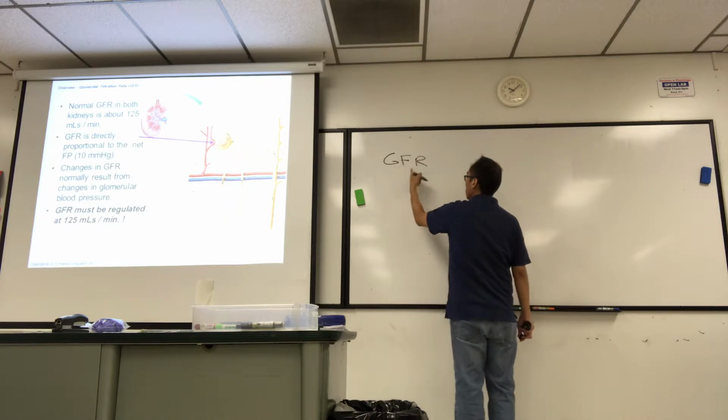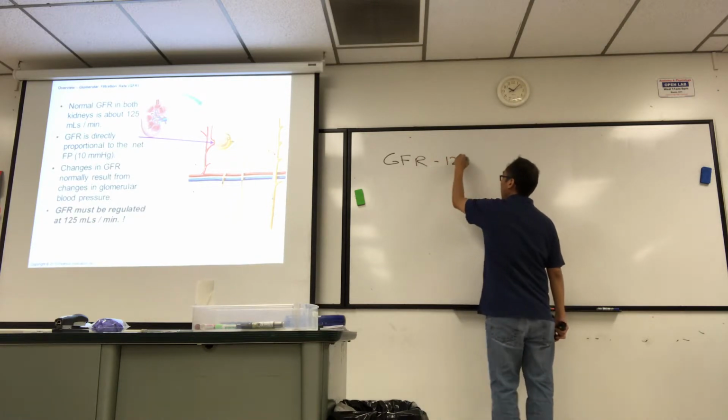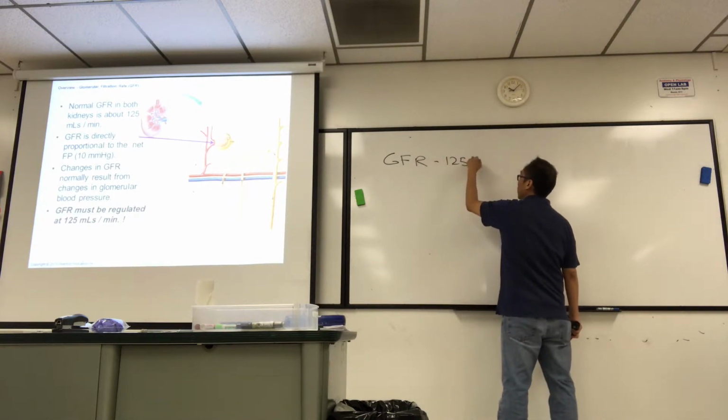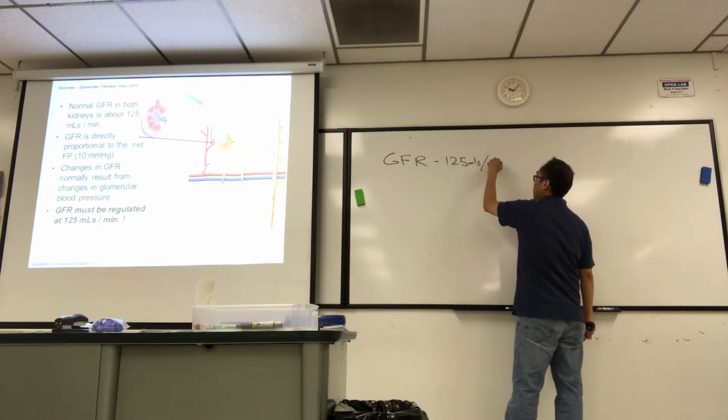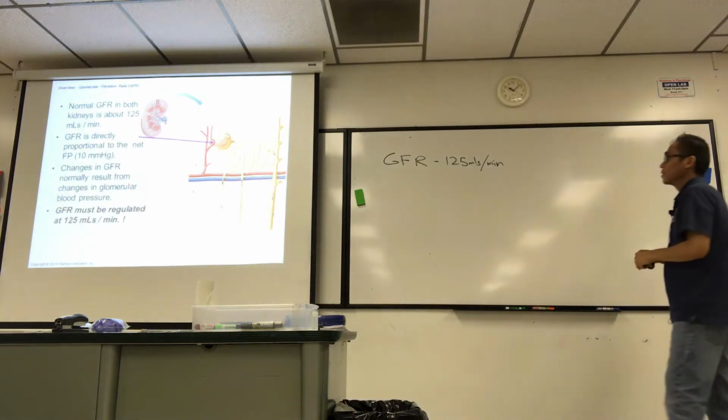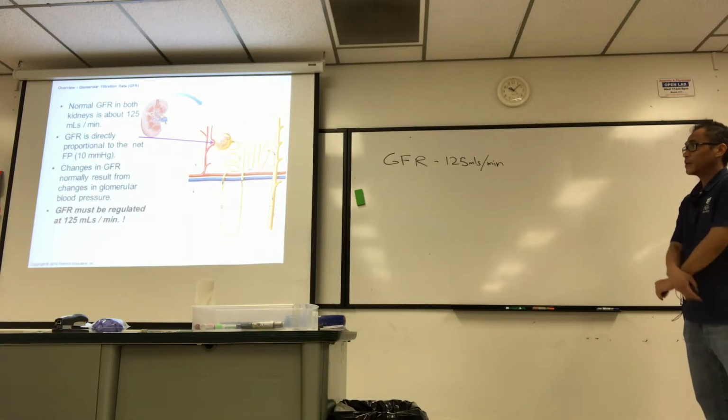Glomerular filtration rate must be regulated at 125 mils per minute. That will give you your normal urine production of about 1 mil a minute.